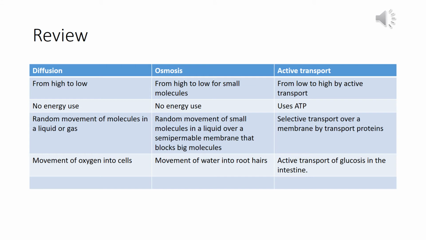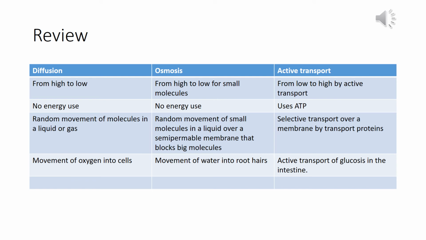Neither diffusion nor osmosis uses energy, but active transport uses ATP to make the transport protein move and change shape. Diffusion can be seen as a random movement of molecules in liquid or gas. Osmosis here in biology is a random movement of small molecules in a liquid over a semipermeable membrane that hinders the movement of the larger molecules. And active transport can be seen as selective transport over a membrane by transport proteins.